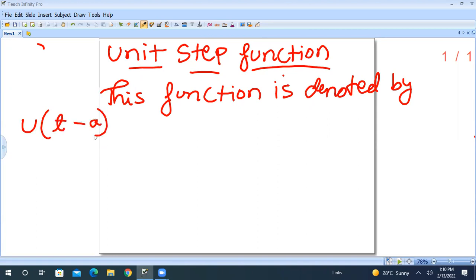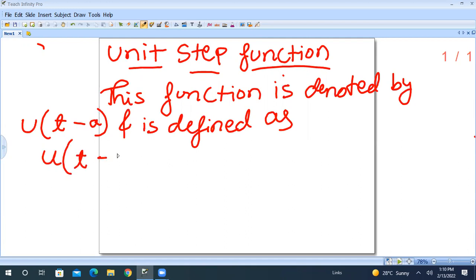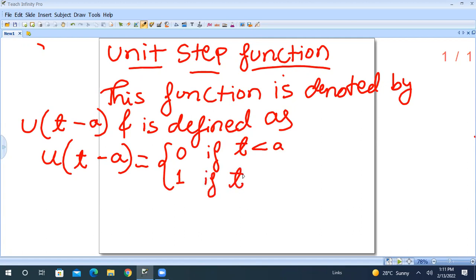It is defined as u of t minus a is equal to 0 if t is less than a, 1 if t is greater than or equal to a.